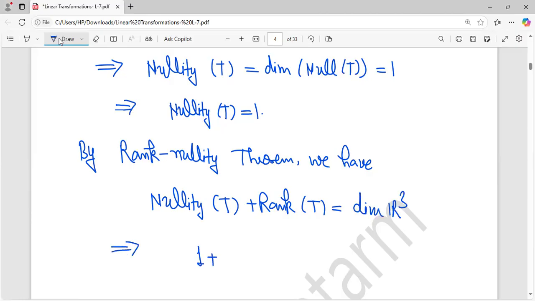That is 1, and rank of T we need to find, and the dimension is 3. This implies rank of T is actually 2.